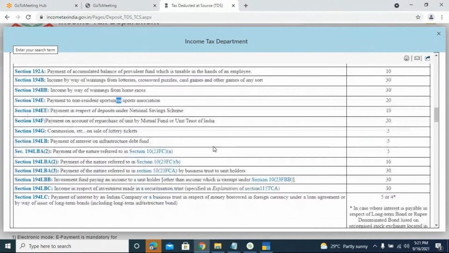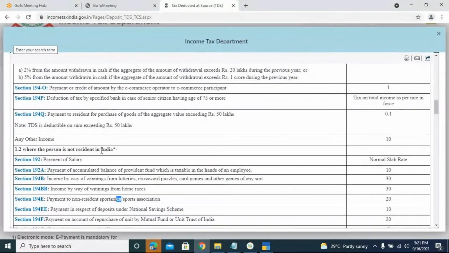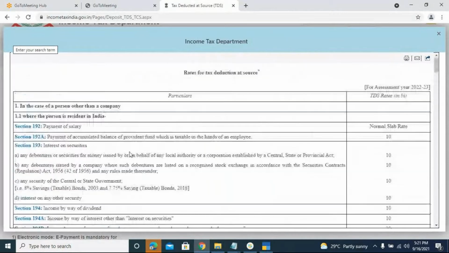This is for non-residents, and here we go for the residents. So all of you would have the knowledge of the residential statuses, right? We have ordinary resident, not ordinary. First we start with the resident, then we have ordinary, not ordinary residents, and we have non-residents. So first we spoke about the residents, next we have the non-residents.